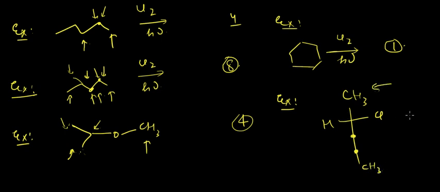Okay, so 1 here, 2 here, 3 and 4 here, because they would be enantiomers again. 5 and 6 here, and 7th here. Total number of products would be 7.